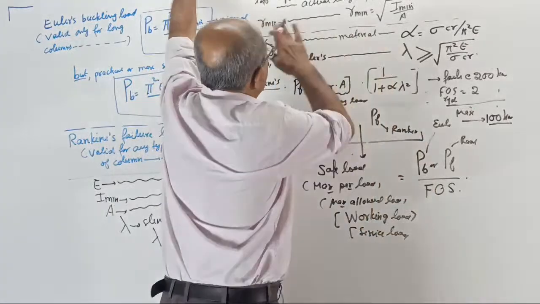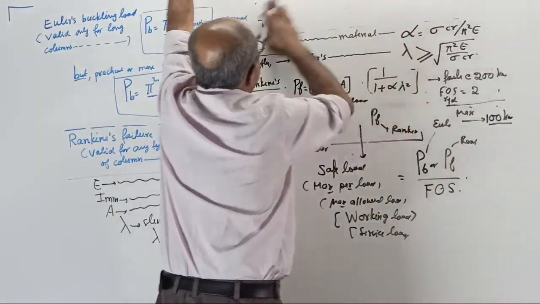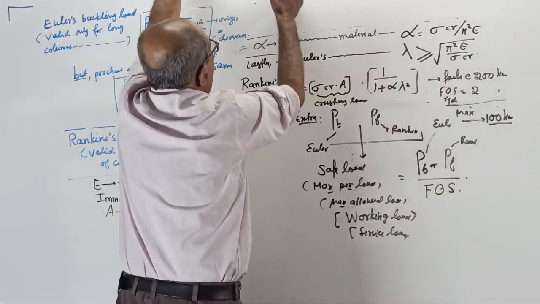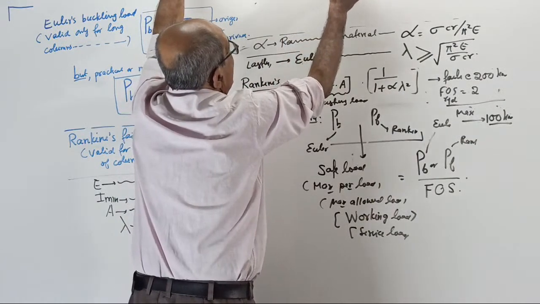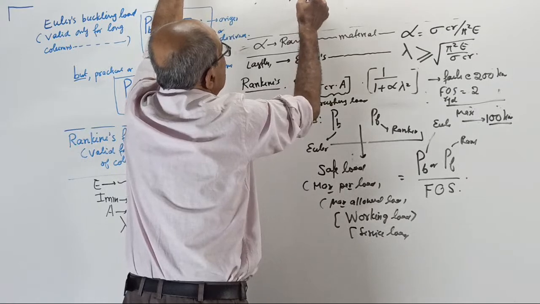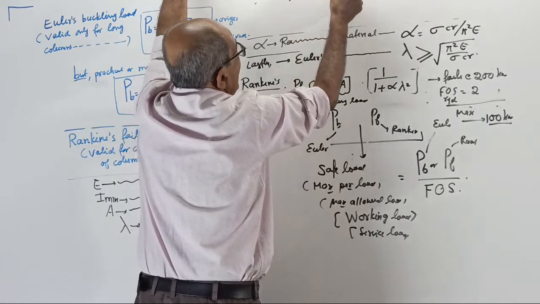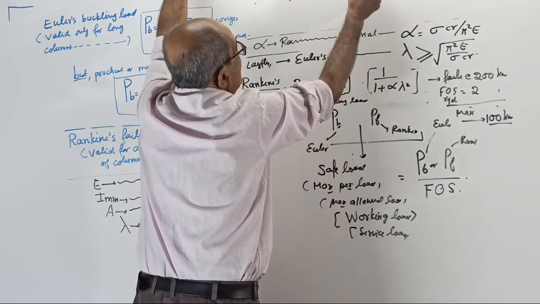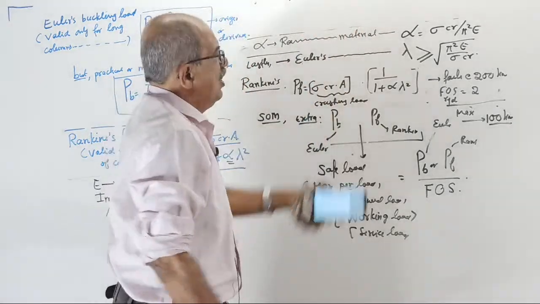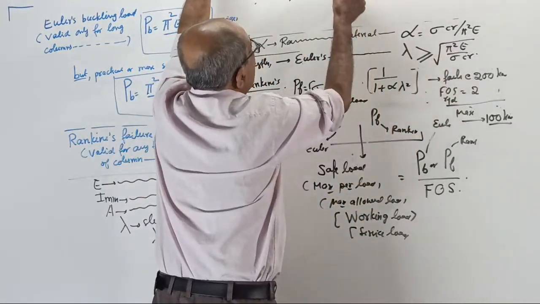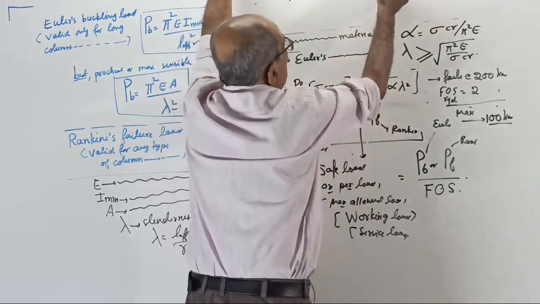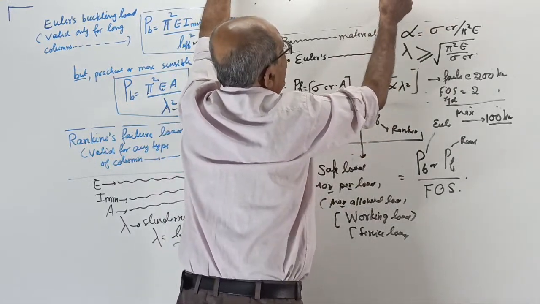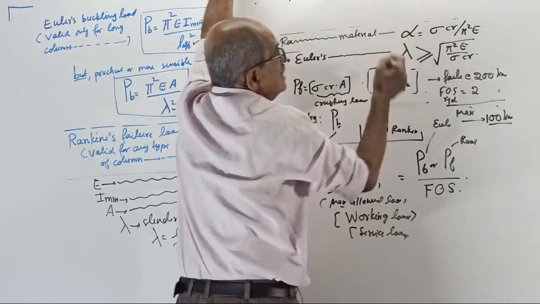Remember, I will remove this all. One more concept. A column is actually loaded by, oh, okay, not 100, leave it, 500 kilonewton. Actual load. Now, factor of safety required is 2.